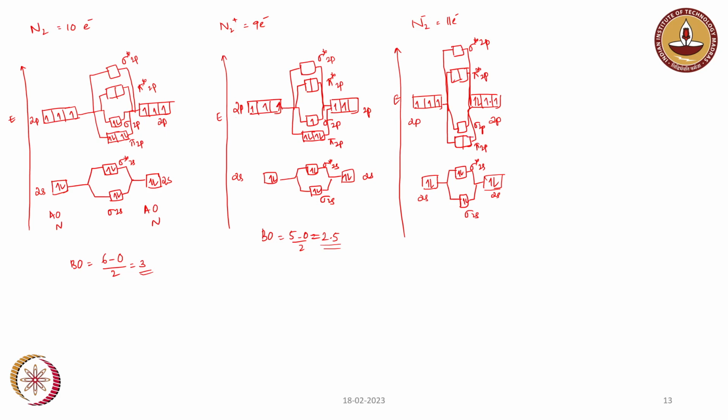So 7 electrons will be added in pi 2p is 4, then 2 in sigma 2p, and then it's 6, and there is one more electron present that will be in pi star 2p. So bond order will be 6 electrons in bonding orbitals minus 1 electron in antibonding. So 6 minus 1 by 2, that is 5 by 2, 2.5.